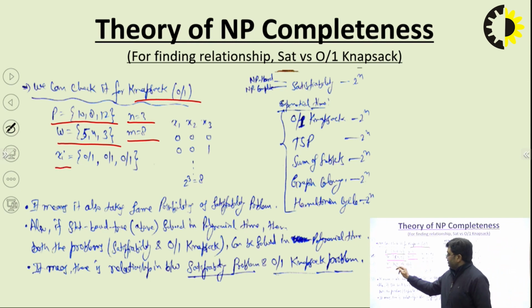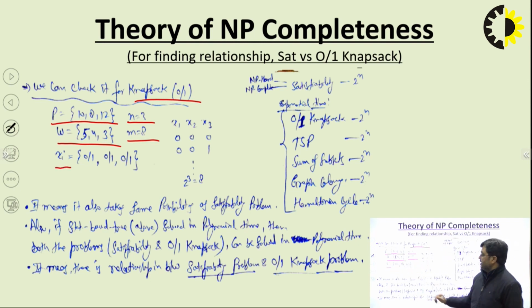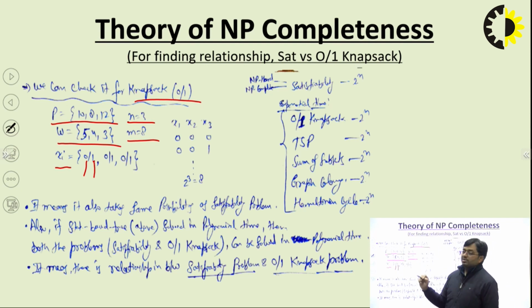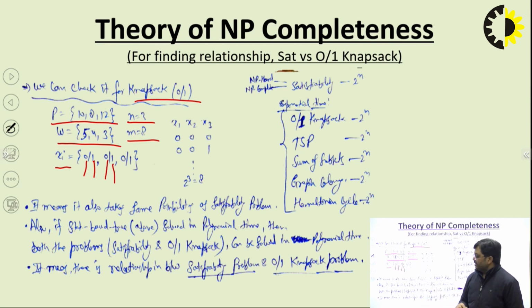Then xi, what will be the xi? The first element will be taken, 1 is taken or 0 is not taken. Second element can be not taken or can be taken. Third element can be not taken or can be taken.